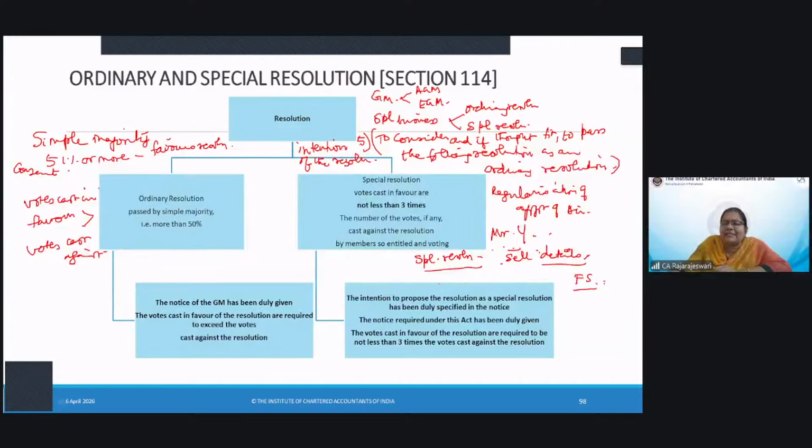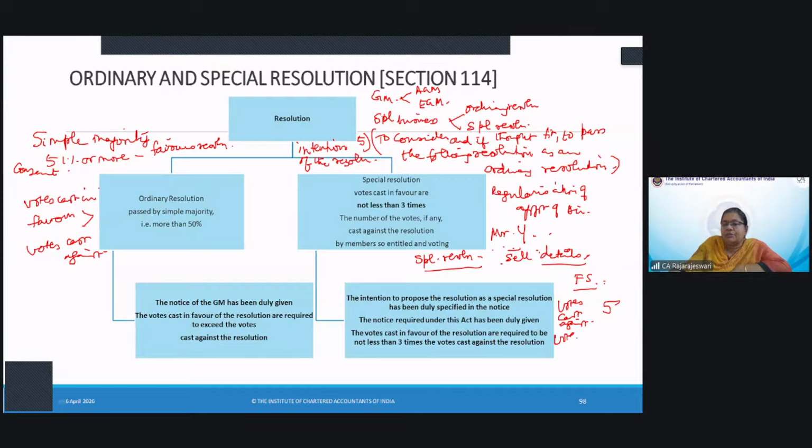So a special resolution is one in which the votes cast in favor should be more than 3 times the votes cast against. Now I will see how many votes are cast against the resolution. Suppose 5 votes are cast against the resolution.